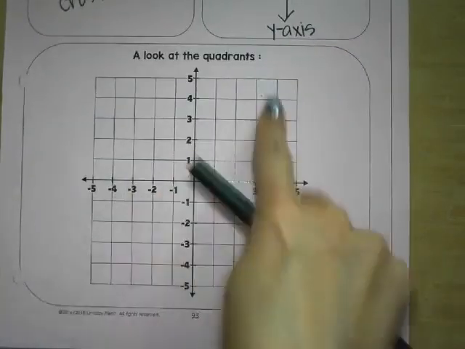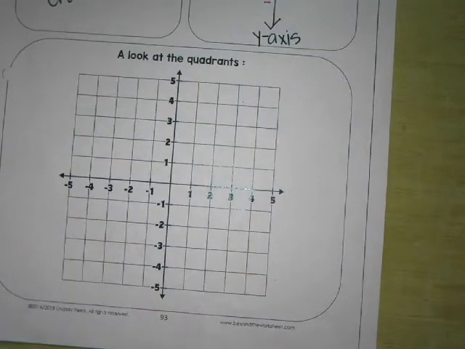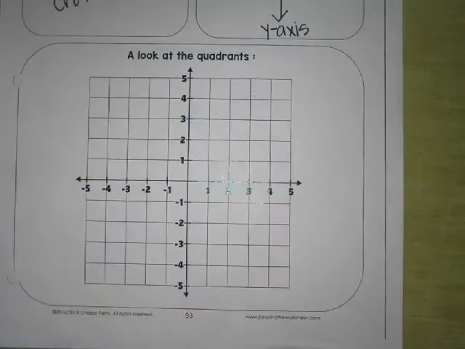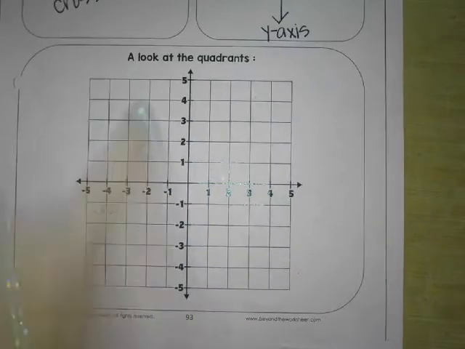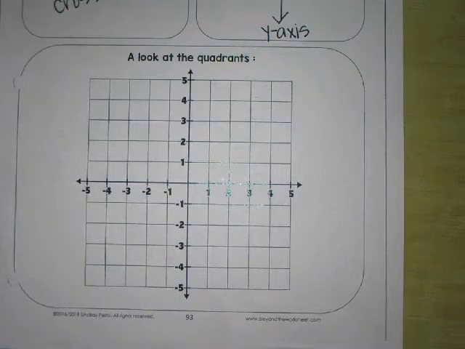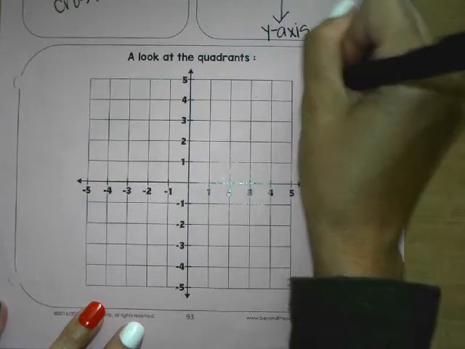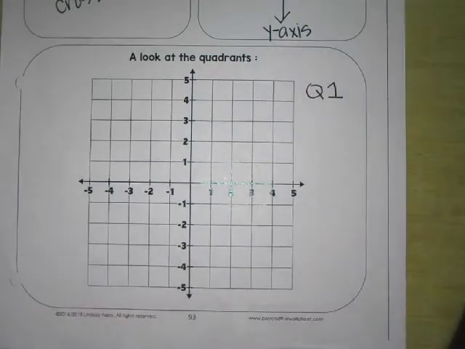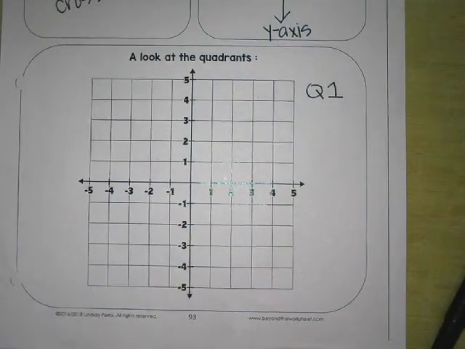That means that there are 4 quadrants. Does that make sense? The question is which one's quadrant number 1? What would you tell me, Leah? What do you think? This one? It is not that one. Addison? Top right. So this one right here is my Q1. It is my quadrant 1.